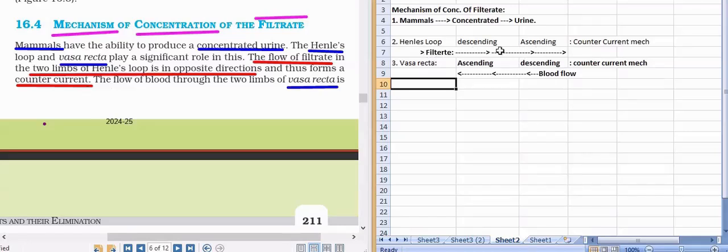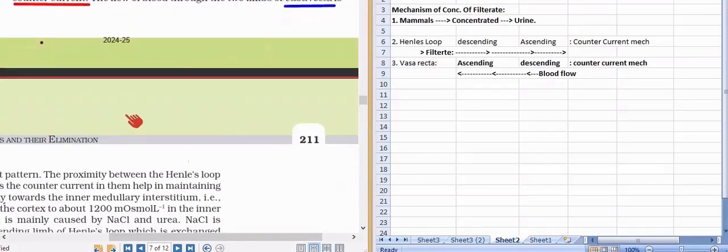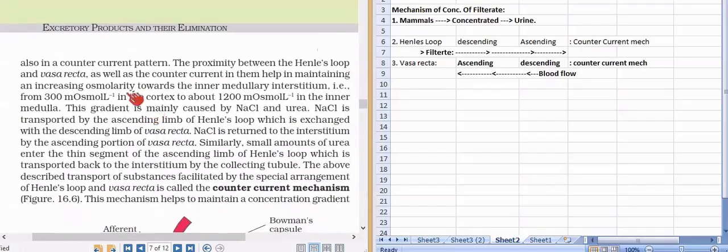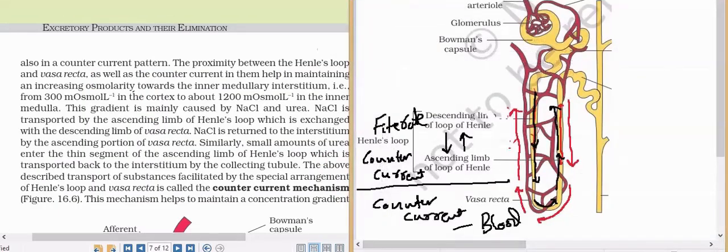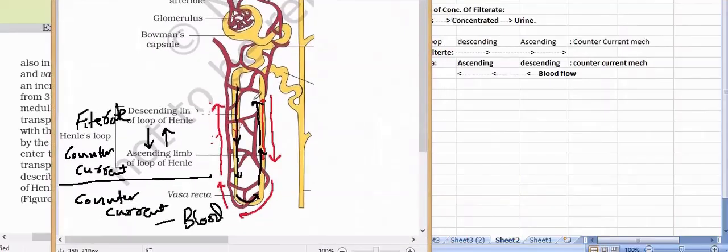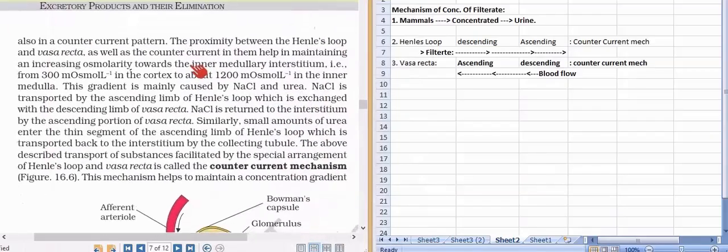So between these two also there is a counter current mechanism. You should understand the image like this, and based on this image you should understand these notes. This is Henle's loop, descending and ascending, and vasa recta, descending and ascending.